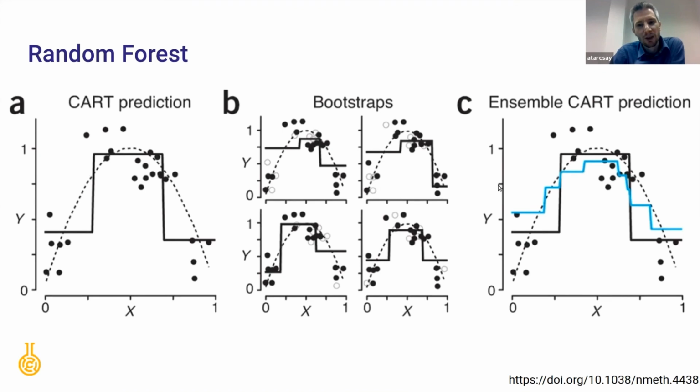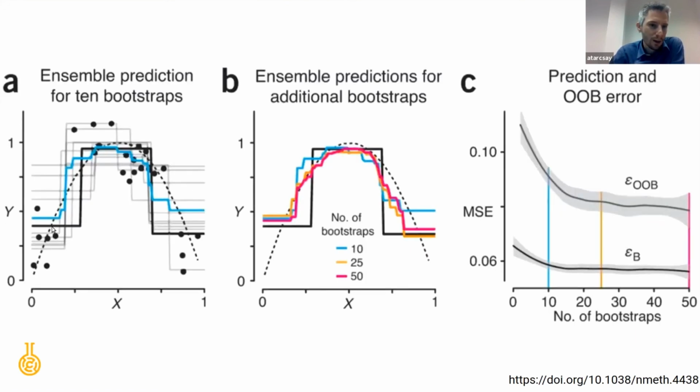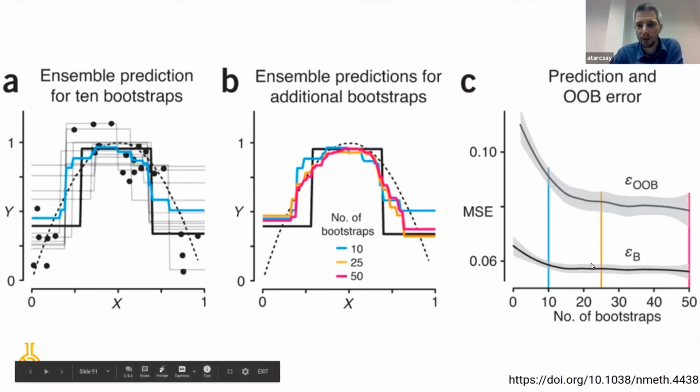From these weak learners, at the end of the day, you can have an ensemble prediction, and with this ensemble prediction, you can even predict a continuous function. As you have more and more of these weak decision trees, finally you can fit an equation, and the error will decrease until a certain point. If you have a large number of cases, then it will not decrease any further.